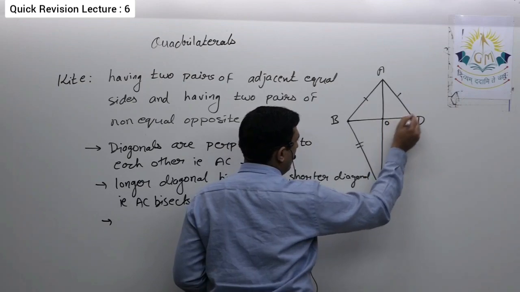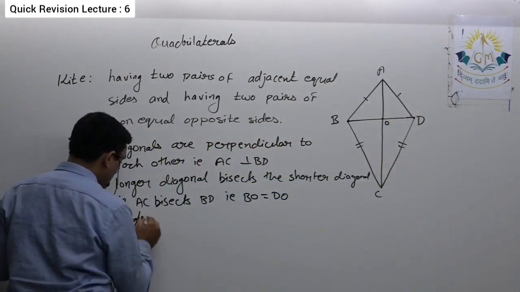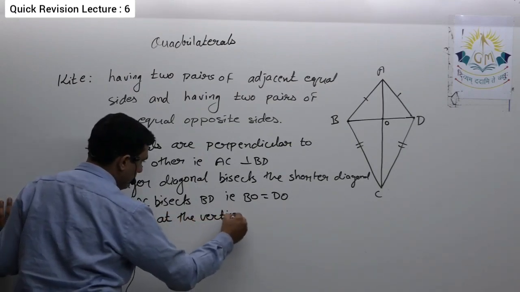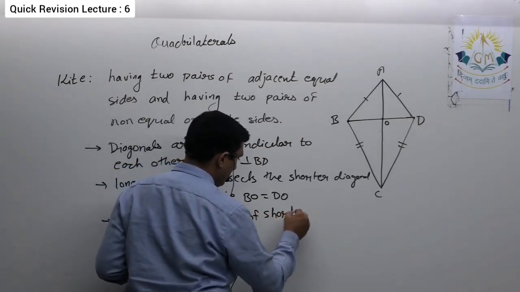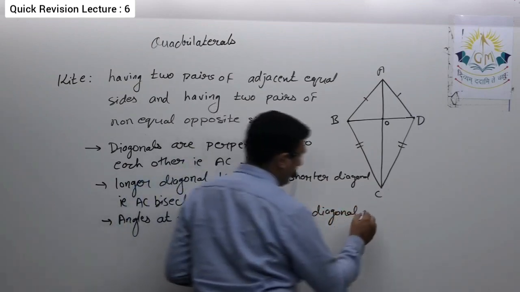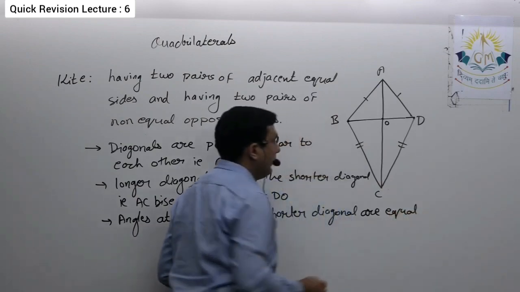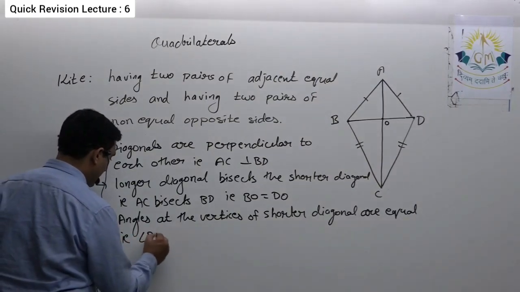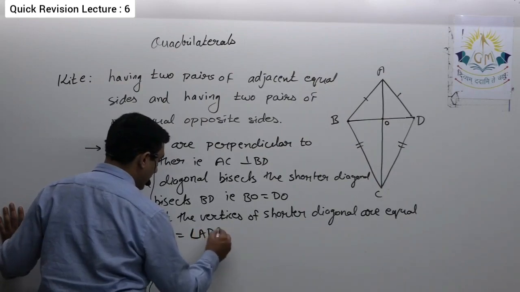That means angles at the vertices of the shorter diagonal are equal, that is angle ABC is equal to angle ADC.